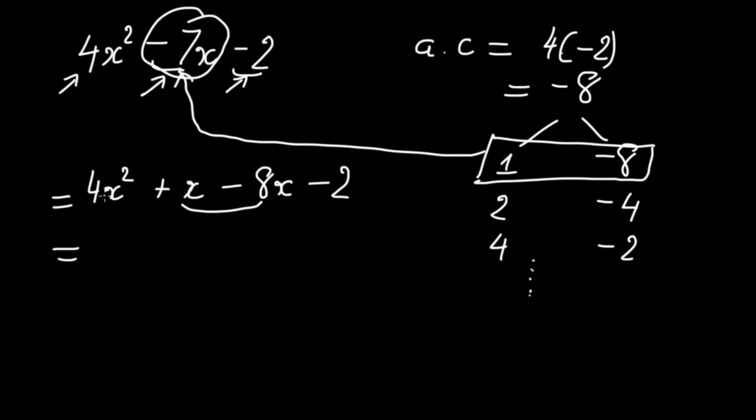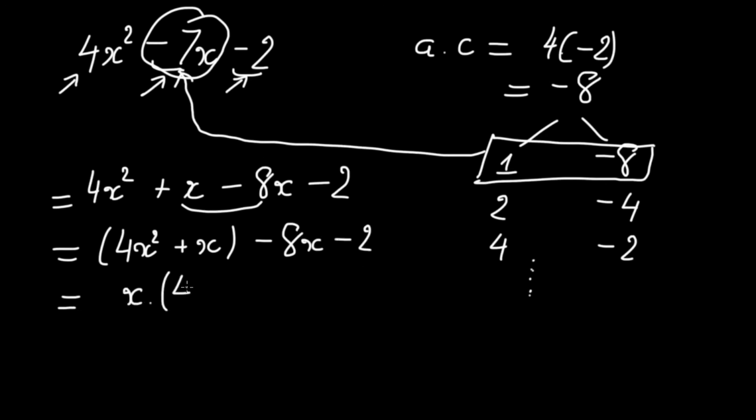Now we group 4x squared plus x together, right? And then right here we put negative 8x and minus 2 down. Now we put x outside. Inside we have 4x, because x times 4x, you get 4x squared, plus 1. x times 1, you get x right here, right?